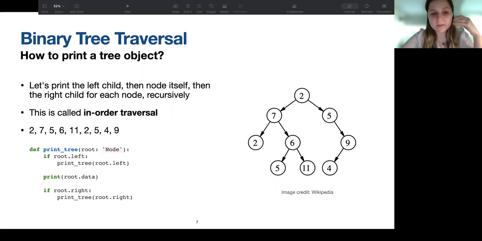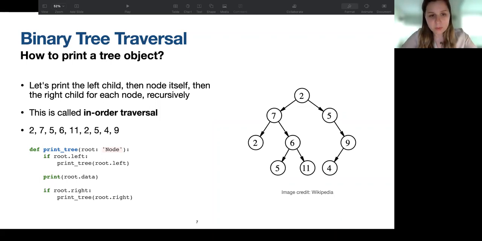So what we need to do, given the node or given the root, we need to check if this node has any children to the left-hand side, because if it doesn't have any, then there is nothing to print, which is a win. If it does, however, we can take its left child, and we know that there can only be one left child because it's a binary tree, and we can just repeat this procedure for this left node, as we trust that this procedure will print the left node in exactly the same manner as the root.